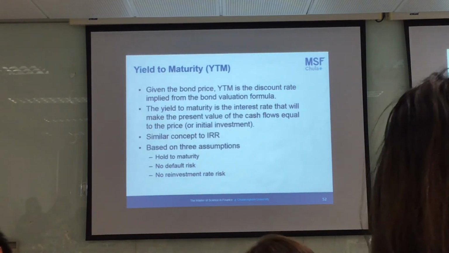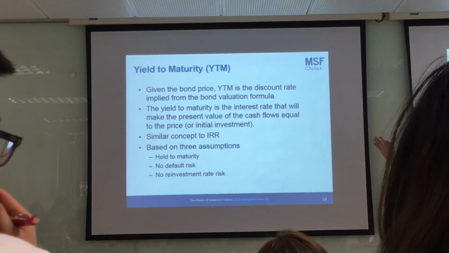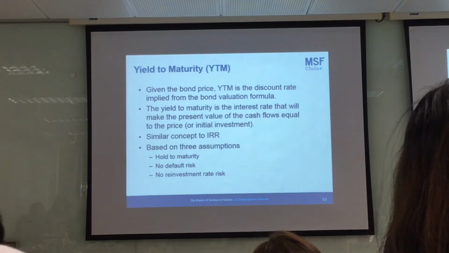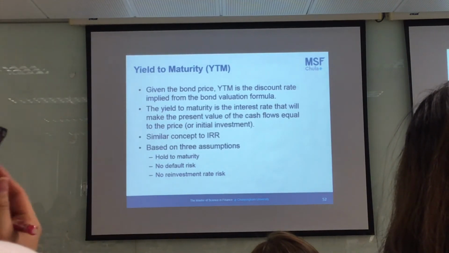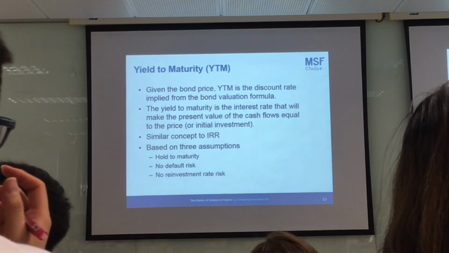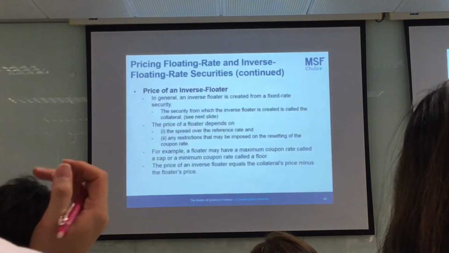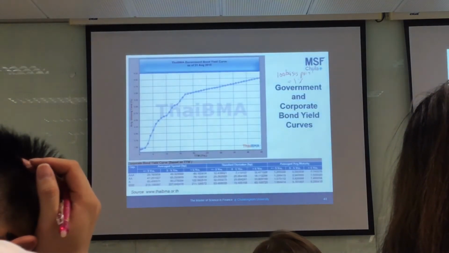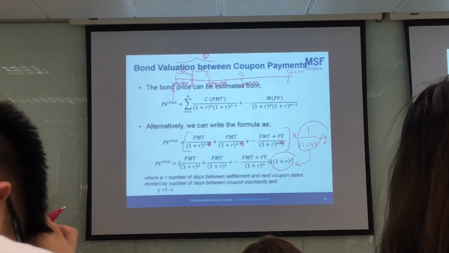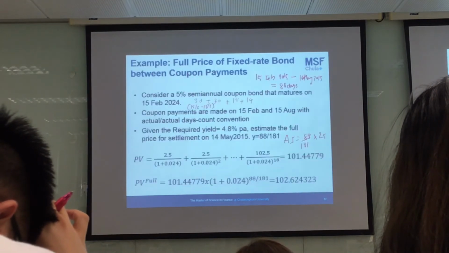The required rate of return that we use as a discount rate is basically the yield to maturity. If you remember, when we priced the bond we had to put in the discount rate. The discount rate that we put in is the yield to maturity. Okay, all of this is the yield to maturity. R actually is the yield to maturity.